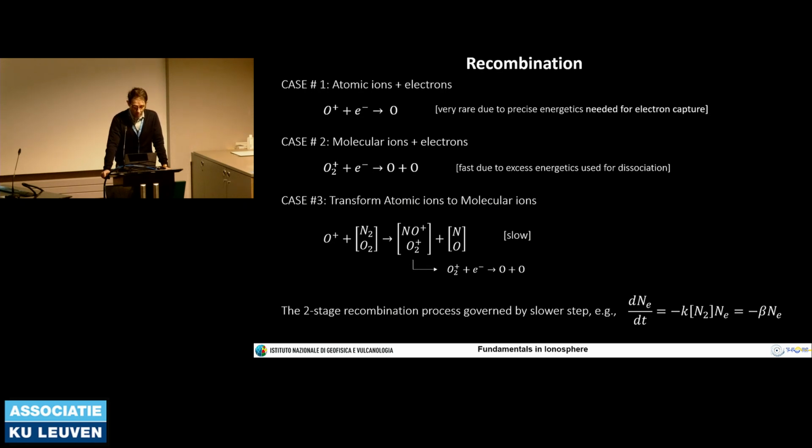And it's a slow process. Of course, processes characterized by this two-stage process are slower. The net effect is that the recombination plays an important role. It can be so slow that it keeps the ionosphere existing also during the nighttime, where the main source of its creation is not there anymore.